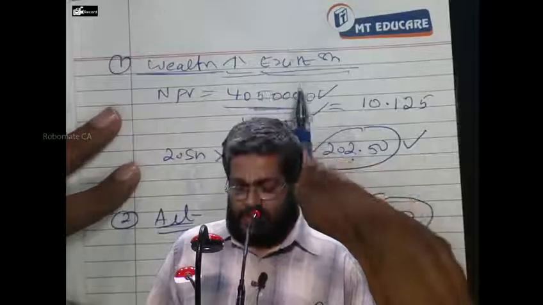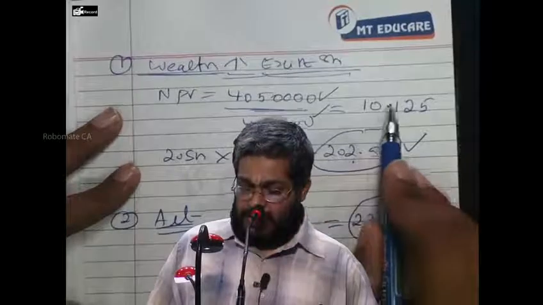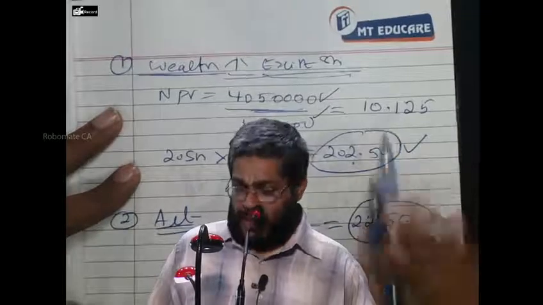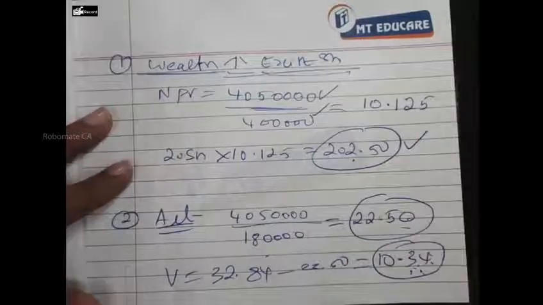This is already proved, no? Because the 40 lakh 50 thousand is not divided by 5 lakh, it is divided only by 4 lakh. So this is the amount belonging to the old shareholders. It is cornered by the old shareholders.